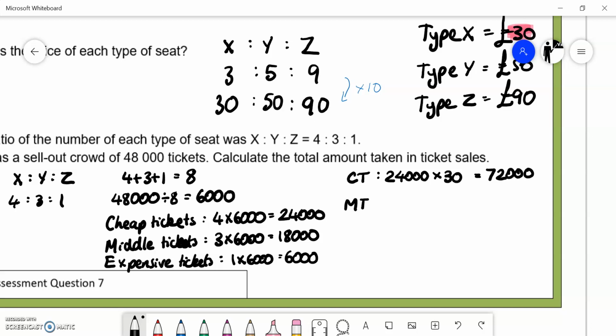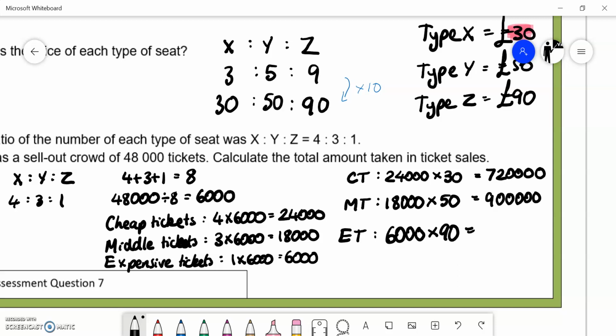For the middle tickets, there was 18,000 tickets sold at £50. And that's 900,000. That first one should have been 720,000. Yes. And for our expensive tickets, we sold 6,000 expensive tickets and they each cost £90. And that's 540,000.